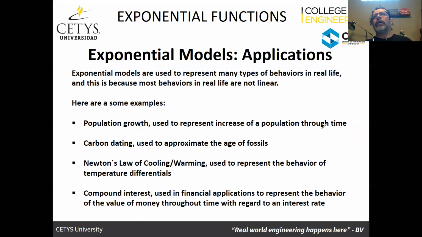And so one interesting example of this is what we're seeing here with regards to the spread of a virus, for example. I'm going to try to explain this here with a couple of drawings. Let's see if this works.